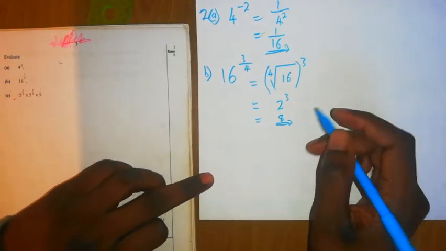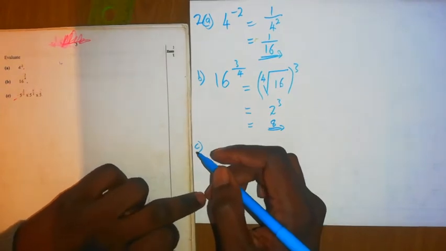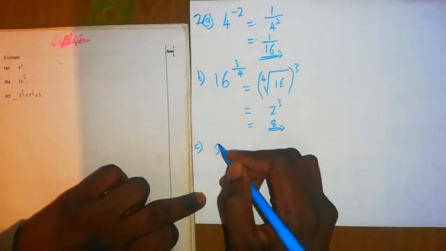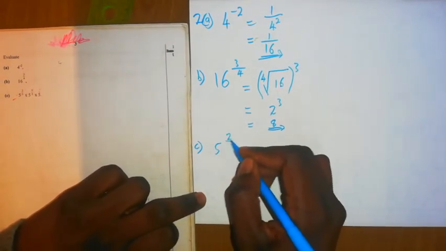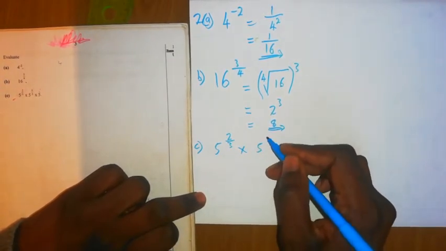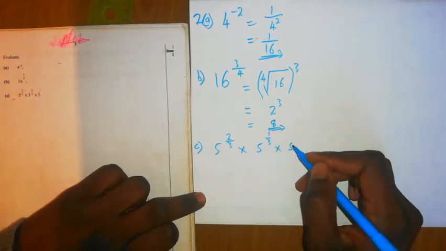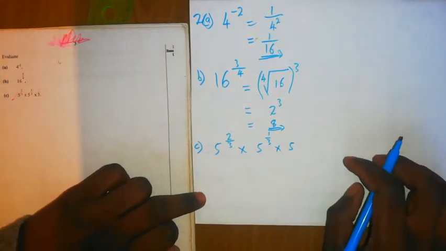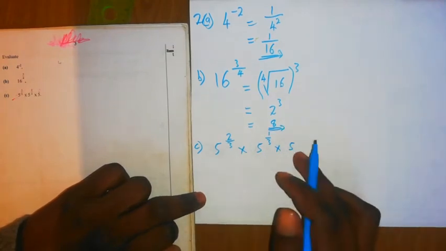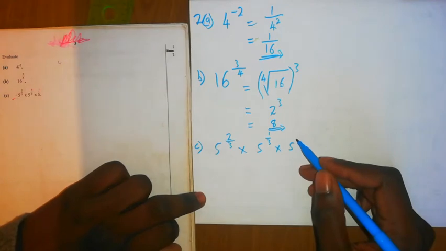Then I'll move on to the last one, which is our C. The question says 5 to the power of 2/3 times 5 to the power of 1/3 times 5. Here is a hint. If we come across such a question, we have to know that there is a power of 1.